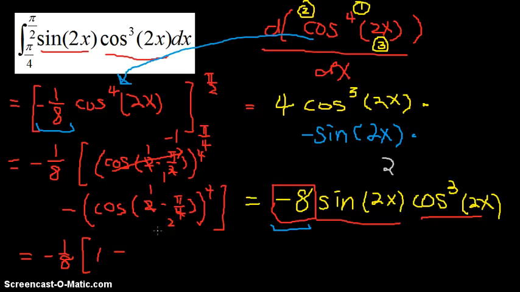Cosine of half pi is equal to 0, and 0 to the power of 4 is still 0. So my final answer would be negative 1 over 8.